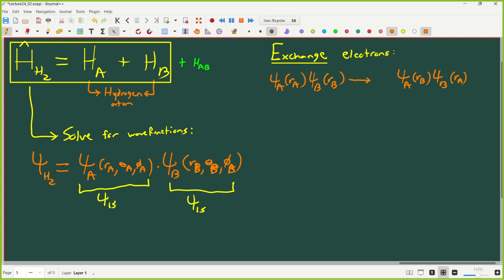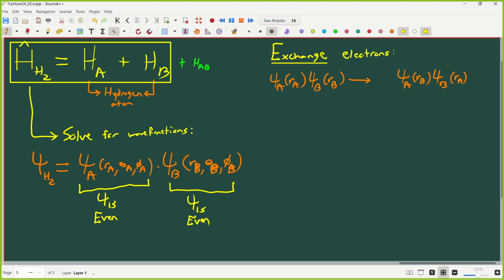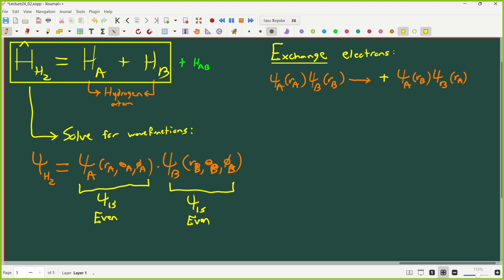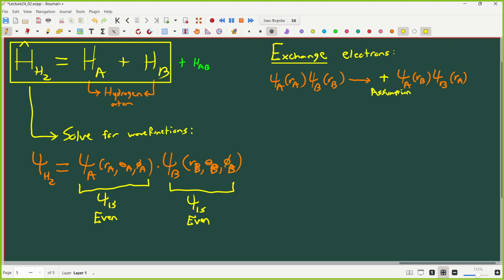So when we exchange electrons, we have an even function times an even function, so the overall function is even. People thought initially that when I exchange electrons, I just get the same thing back. I get a plus sign. Once you exchange electrons, it's like changing axes. You get a plus sign. This is the assumption. We say they're symmetric about exchange.